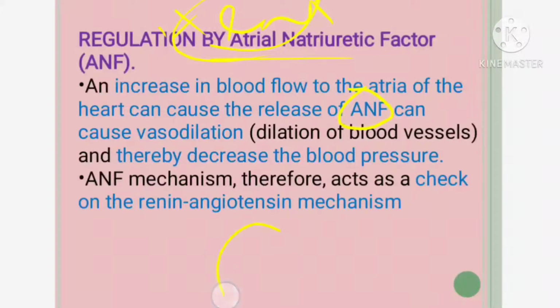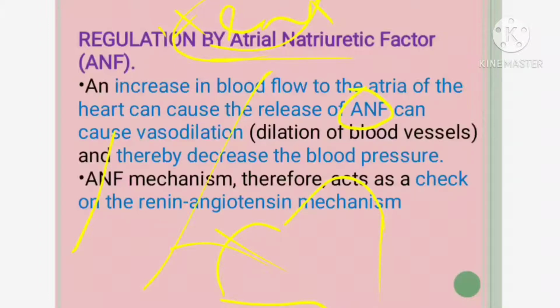So when the blood is coming to the heart, if the heart understands that the pressure is much higher, immediately the heart will release a factor called what? Atrial natriuretic factor. What they do is help in vasodilation. Vasodilation means they will dilate the blood vessels, thereby reducing the pressure so that it is not harming.